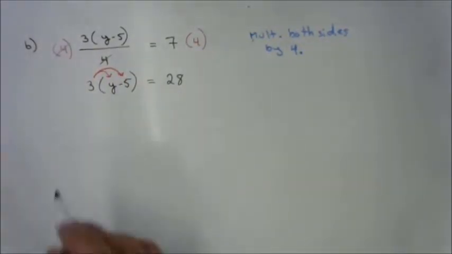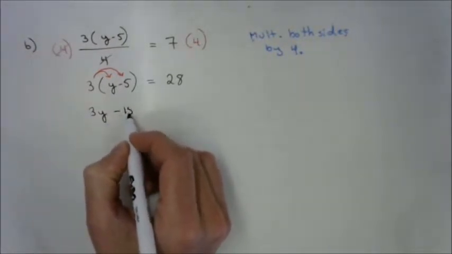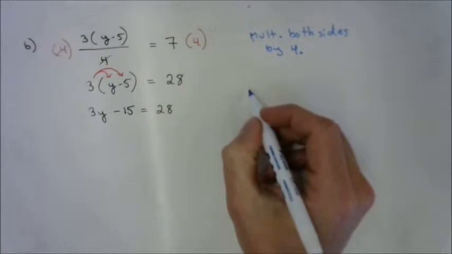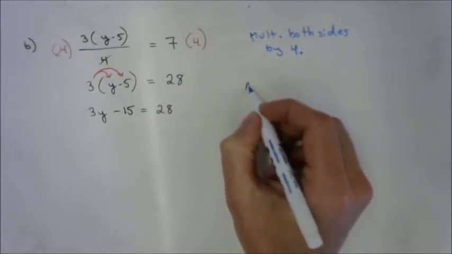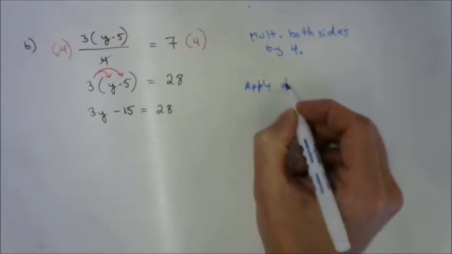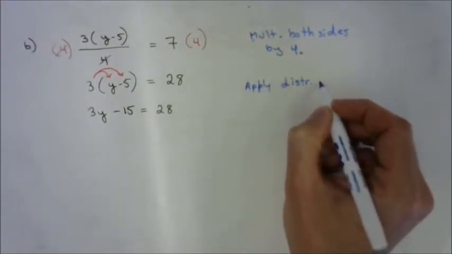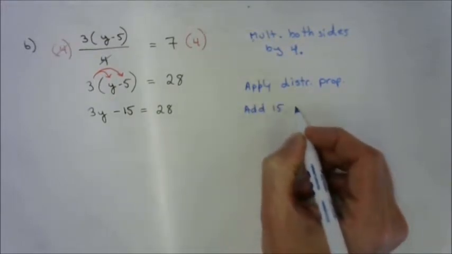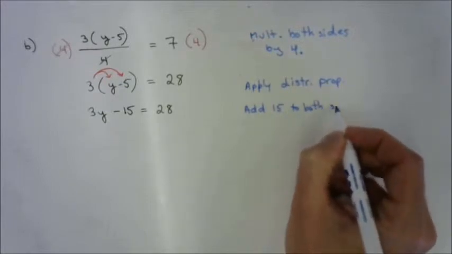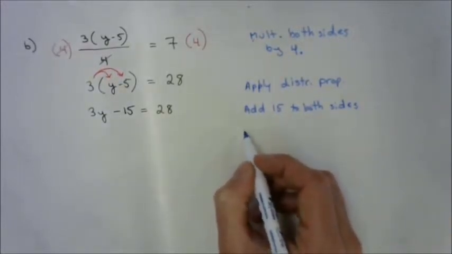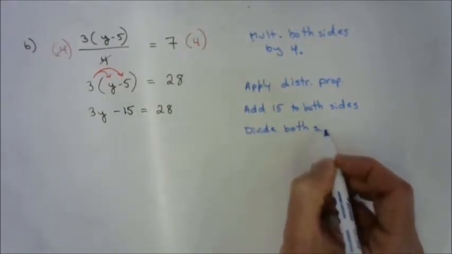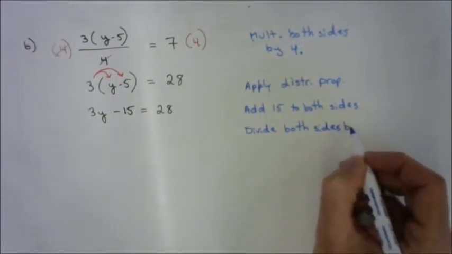So we have 3y, and we have negative 15 equals 28. Now what? Add 15. And then what's our last step going to be? Divide both sides by 3.